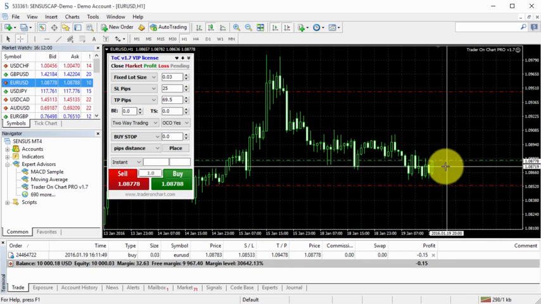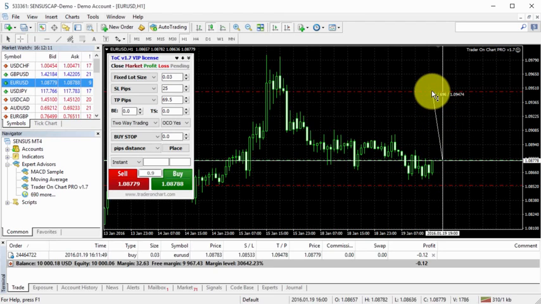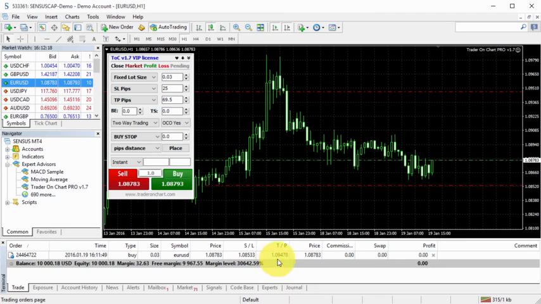I could try to measure it with my mouse right here. It's about 25 pips stop loss, and my measurement is not that exact, but it's at 69.5. You can do the calculation from these numbers right here.